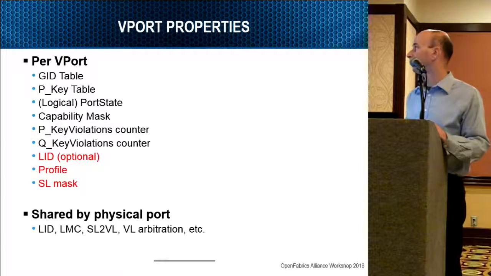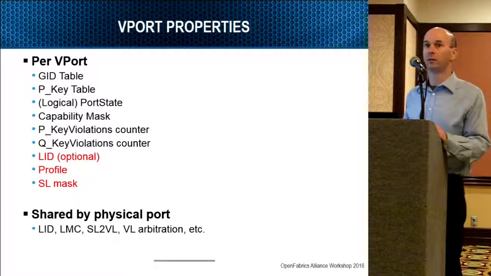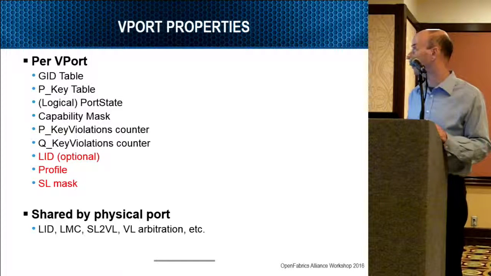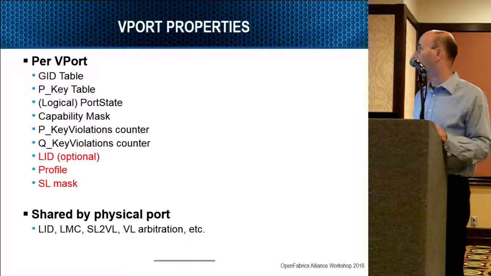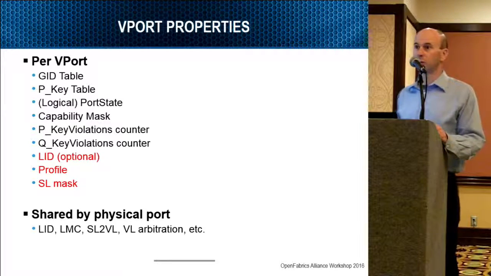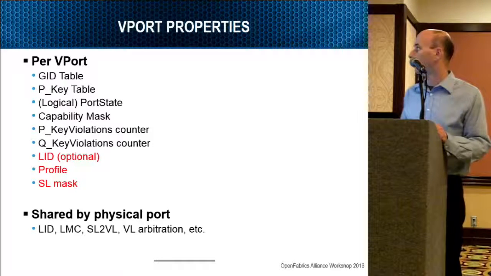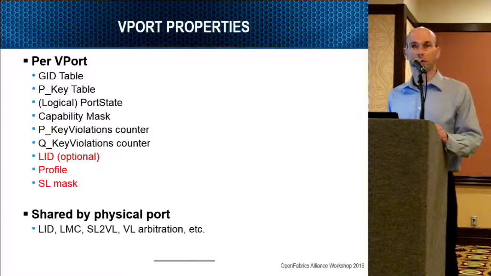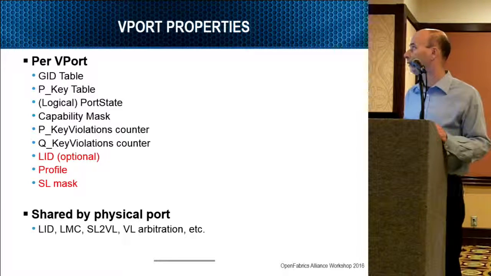The first is to be able to add a LID per VPort, which basically makes endpoints multi-LID. We also added a field called profile, which adds a type to a port. So essentially, you would like to configure these virtual endpoints in the fabric not by a list of GUIDs, like in the subnet management, but rather by a type.